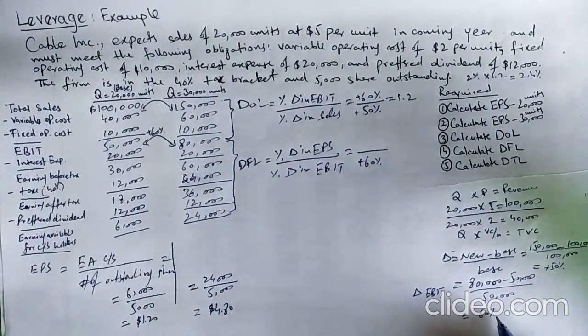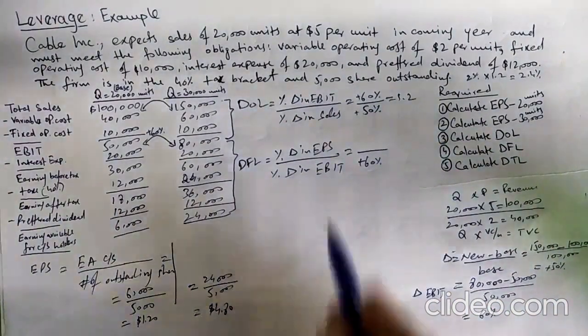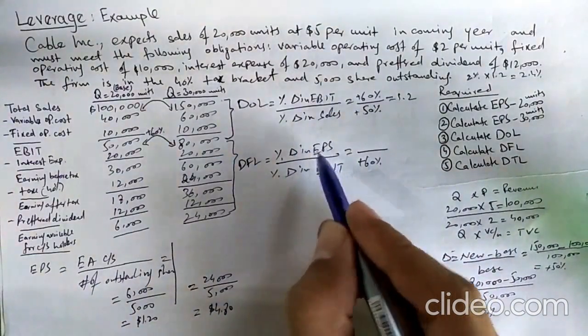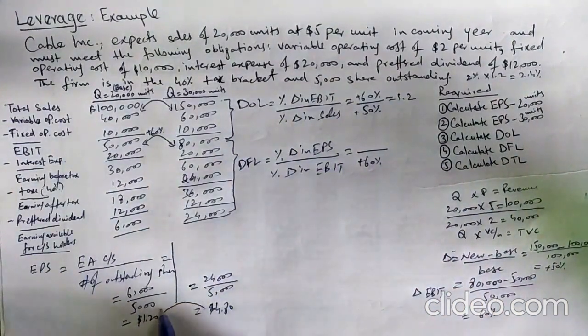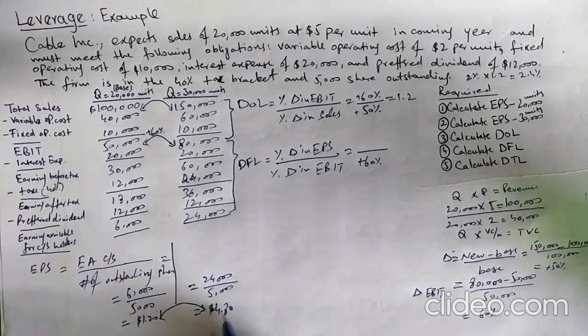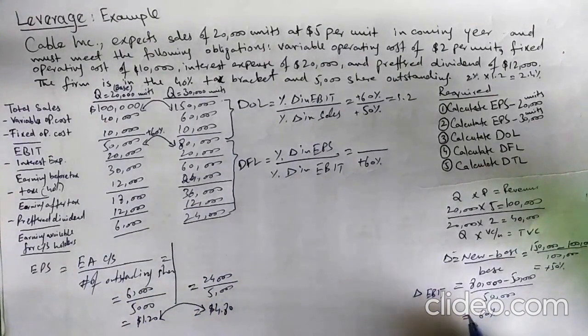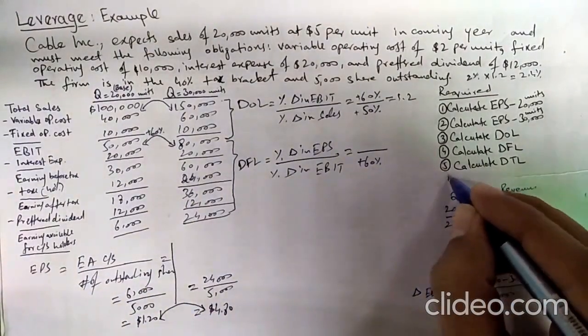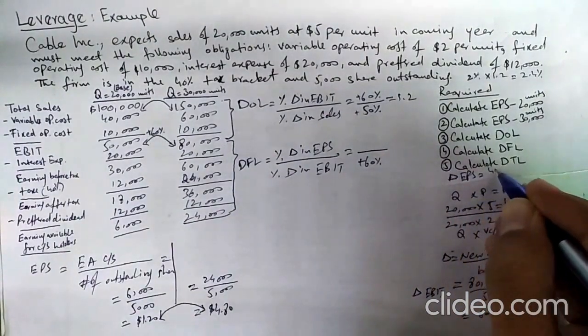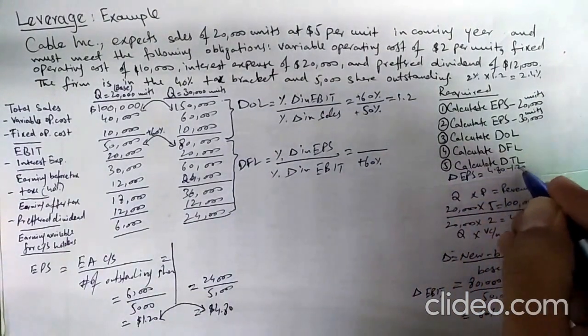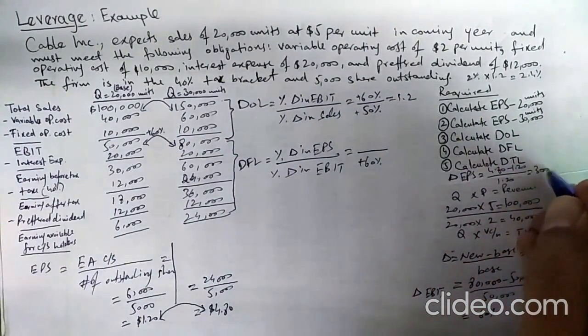Now there is a need to calculate the percentage change in EPS. To calculate it, we calculate the change between these 2 points, base EPS and new EPS, using the same formula, new EPS minus base EPS over base EPS, and the answer is equal to 300%.